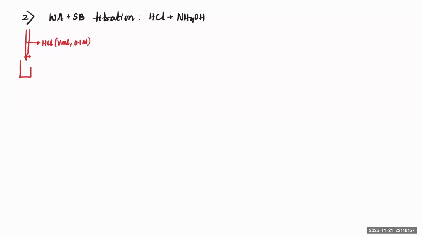And in the flask, we are taking ammonium hydroxide of 10 ml volume and 0.1 molar concentration. The Kb value for this is given as 10 raised to the power of minus 5. The expected reaction is ammonium hydroxide plus HCl becomes ammonium chloride plus H2O.